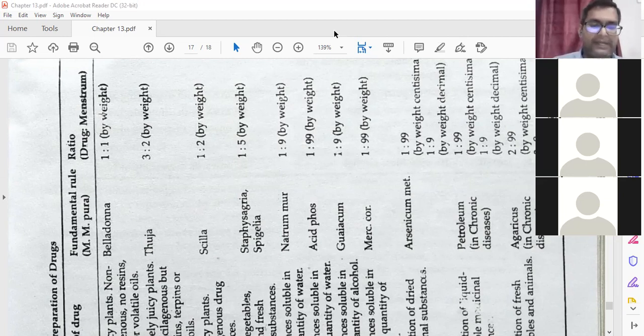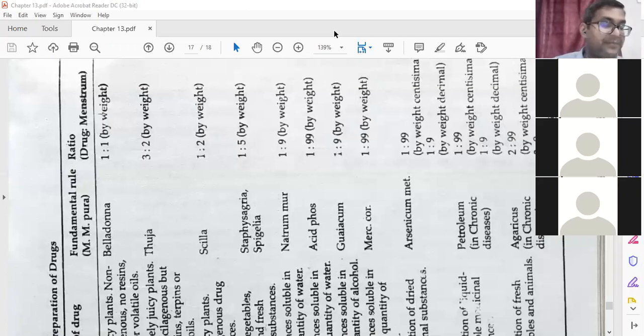Drug power 1 by 10. Medicinal loss 1 by 2 per grain. Here not cc, grain. Grain is equal to 0.65 milligram. Then duration is more, 15 days. Process of potentization is succussion. So till class 4, all these are mother tinctures. What we have prepared in 1, 2, 3, 4 is mother tincture, old method. Remember it.